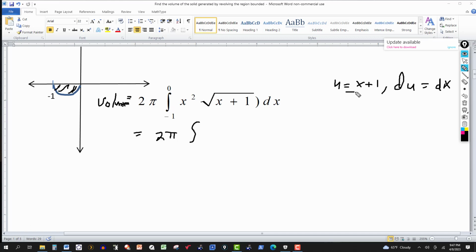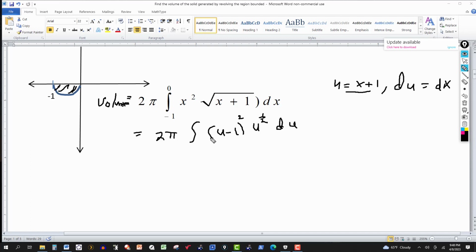But from this right here, solve for x, I get x is equal to u minus 1. So let's replace it here. The x squared will be replaced by (u minus 1) squared, and then the x plus 1 is replaced by u, and then I'll write the square root as the 1/2 power. The dx and the du are the same, so this will be du.